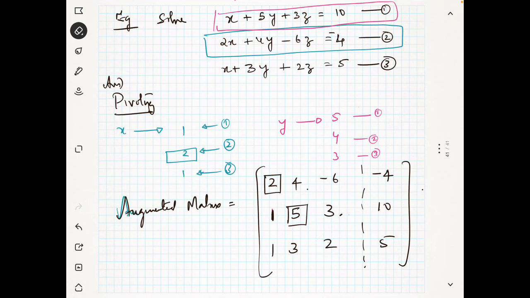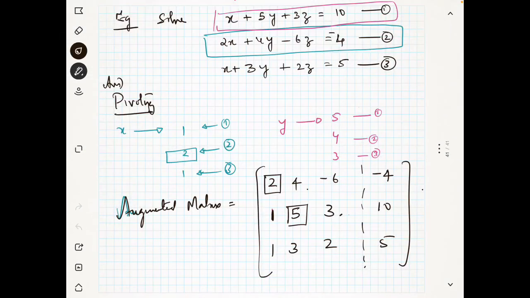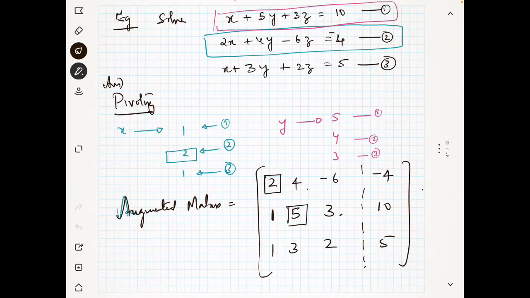Now we will be converting this augmented matrix into this particular form. That's what I am going to say. So we are going to convert the augmented matrix. I will write the augmented matrix once again, and give it the name AM.